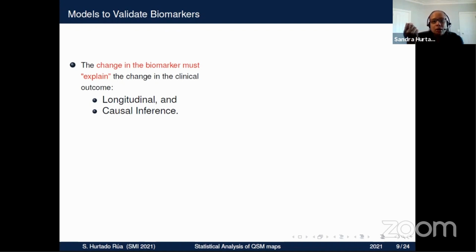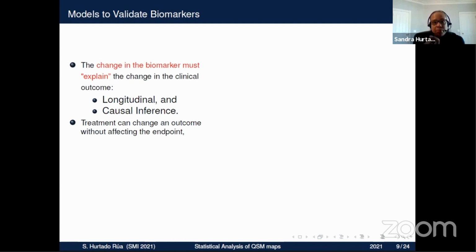We need not only cross-sectional size, but also longitudinal, right? So the change of the biomarker must not only be associated with, but must explain the outcome. And the outcome is now clinical, right? It's no longer our response. Our response is something clinical that we are able to measure. And we want to not only see the association, but also the cause-effect relationship with that biomarker.